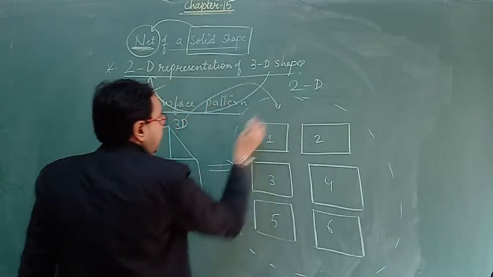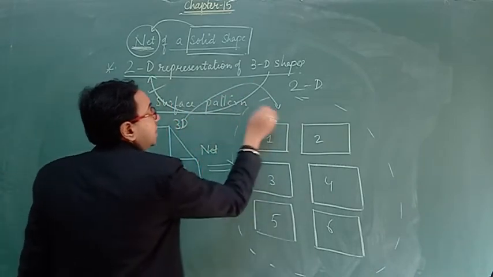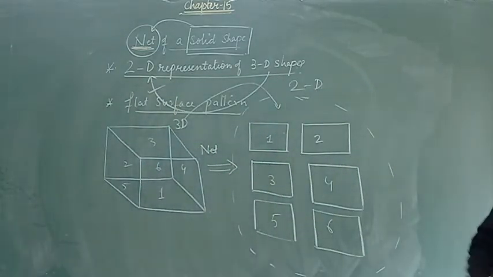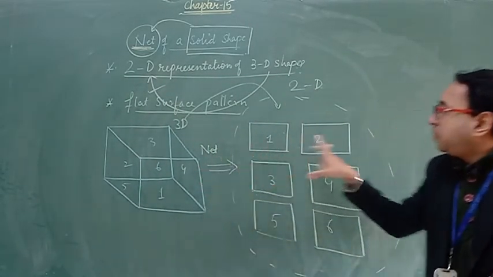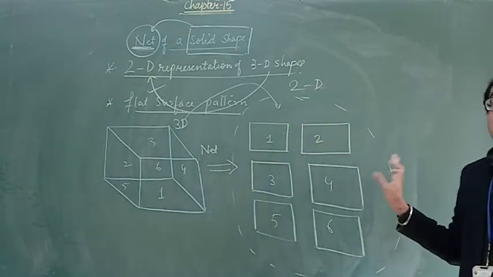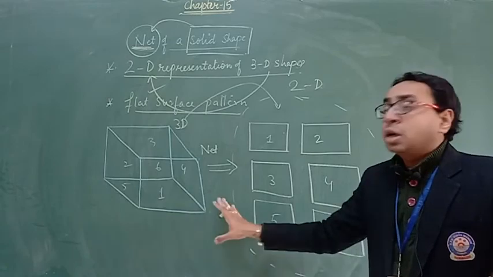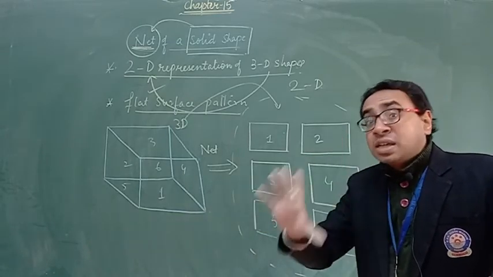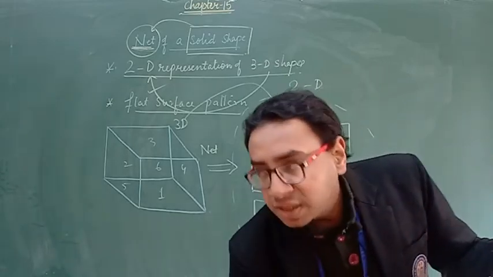Converting 3D into 2D is called net. So this is the net of a cube. Are we clear? Basically, converting a 3D shape into a 2D shape is known as netting. Hence this is what a net of any shape is. Every 3D shape has its own net that we can visualize clearly. Last concept of the day.